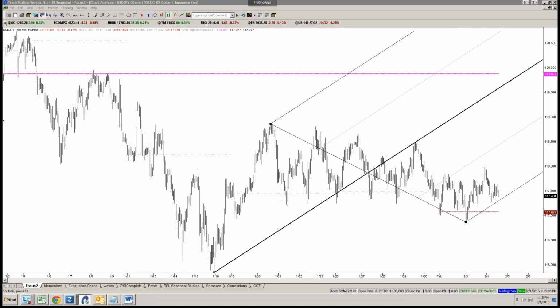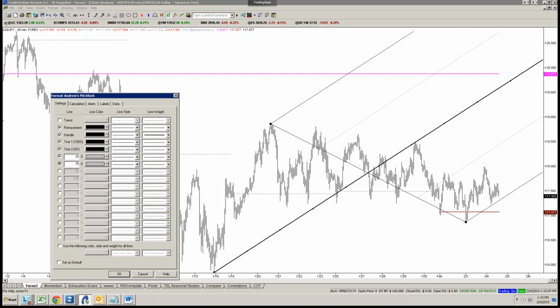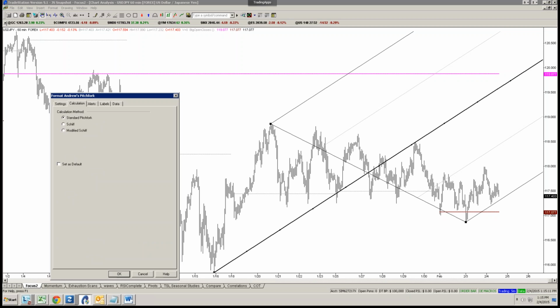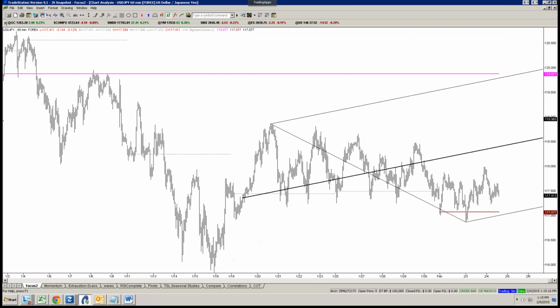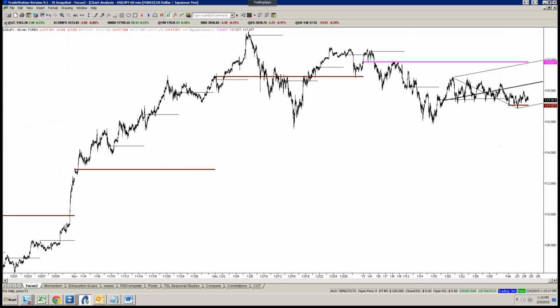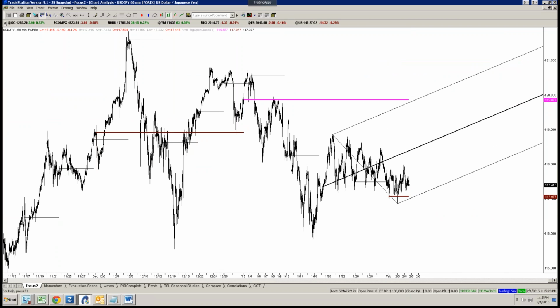But you can see that it fits very well as a triangle movement. So, A, B, C, and then D, and you'd have two equal legs from here.